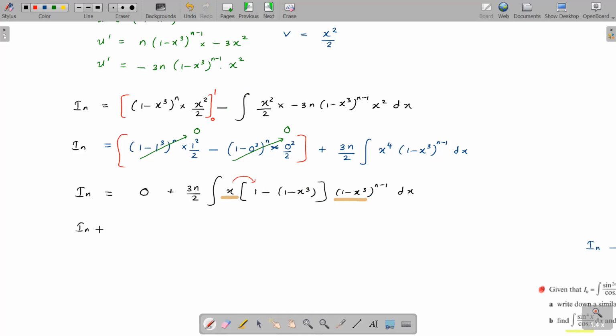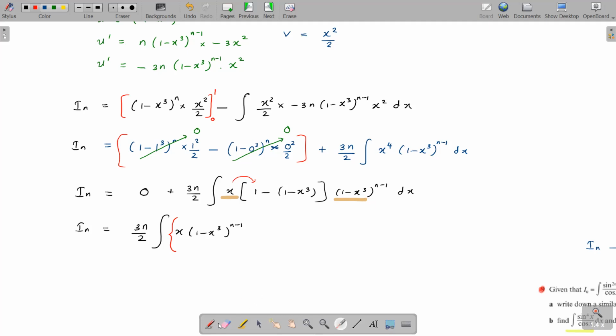I get here I n equals 3n over 2, and when I expand the bracket, I get x into 1 is x, and that into 1 minus x cubed to the power n minus 1. Do you agree with my working? I'll put a big curly bracket on top here. The integration is there. I'm just opening with the x and this guy.